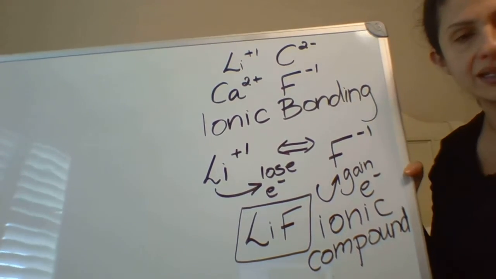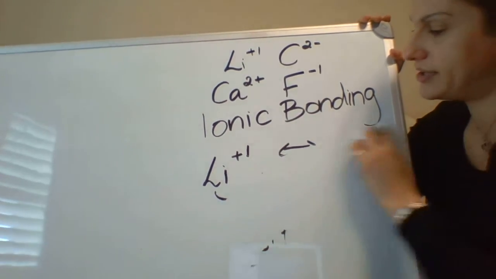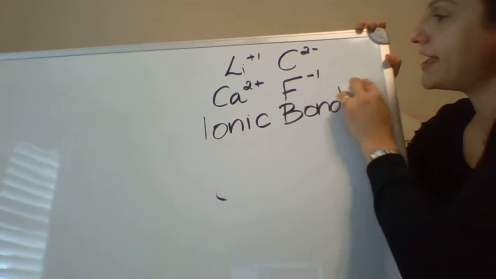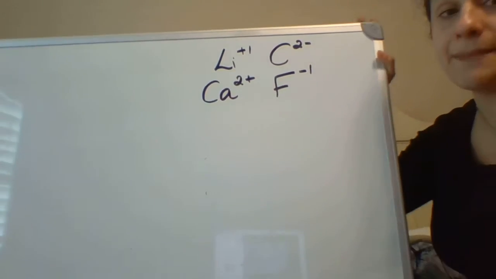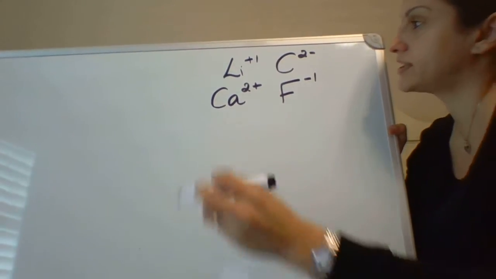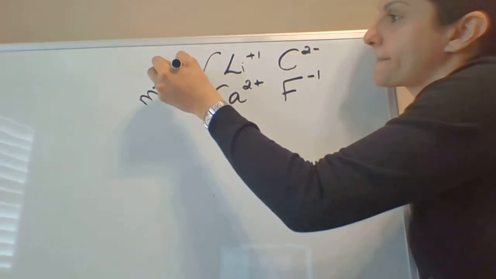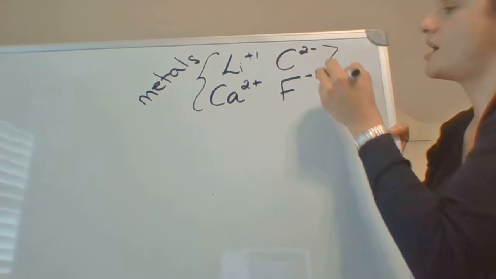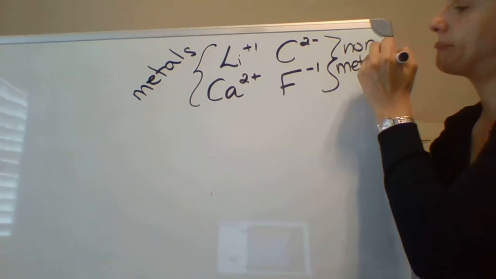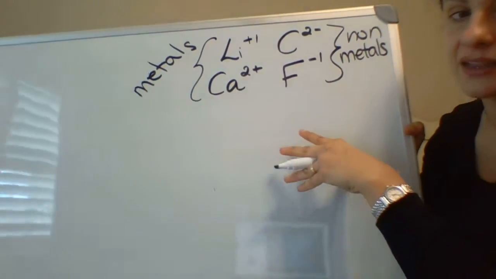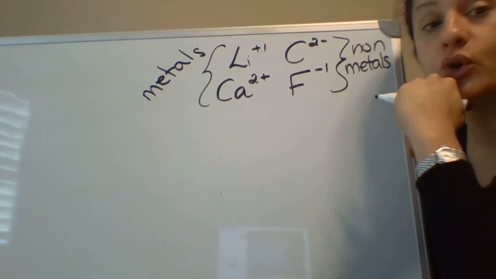Let us look at a little bit trickier case of ionic bonding. Let us look at calcium, which is a metal. These are metals. These are nonmetals. So, let us look at the case of calcium and fluorine.